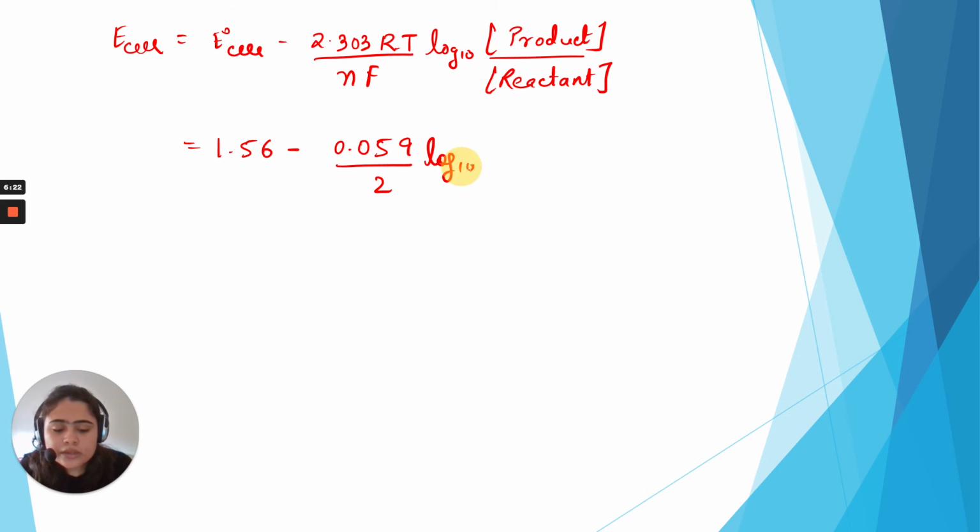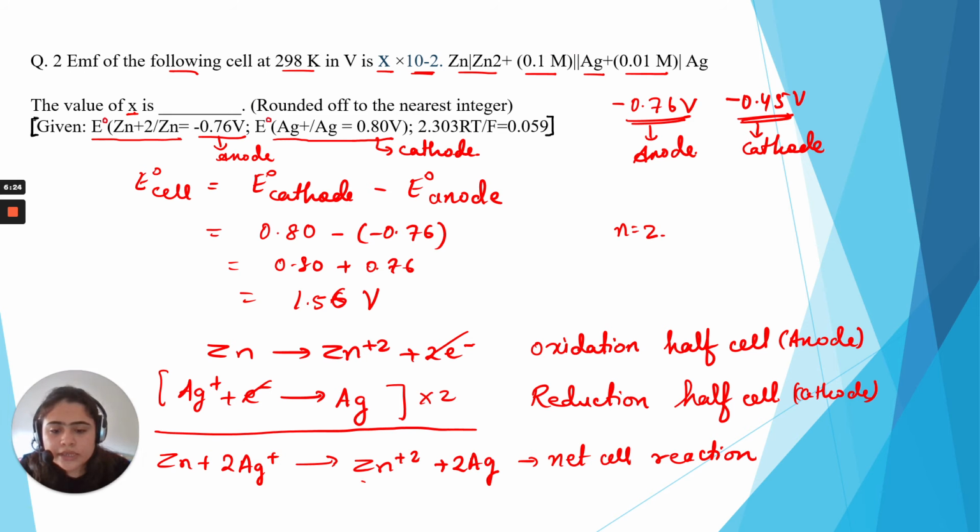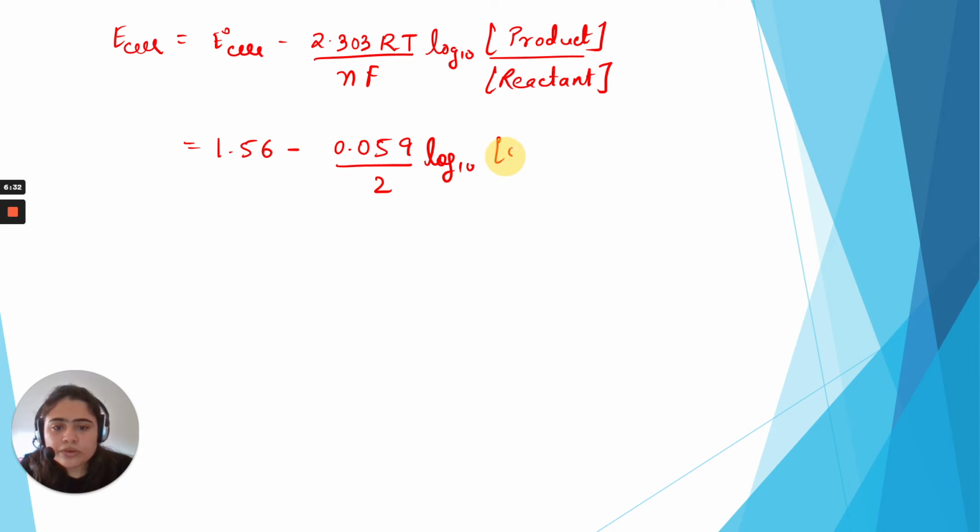In the log 10, the concentration of product is zinc plus 2, which is given as 0.1, and reactant is Ag plus 0.01. So it will be 0.1 over 0.01. After solving this question, we get the value as 141.4715 as the E cell.